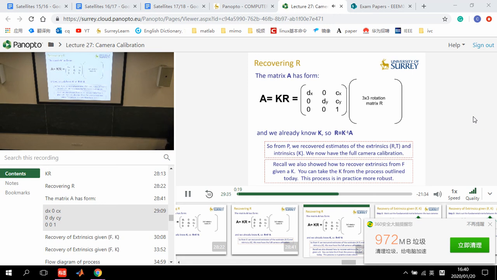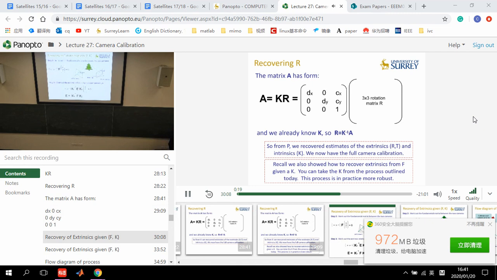So what you can do, and is preferred in practice, is use the process I've outlined today to estimate your K, your intrinsics, but then use the weak calibration process that I outlined previously, the 8-point algorithm with RANSAC, to estimate your F, which encodes the intrinsics and the extrinsics, and then factor out the intrinsics from F in order to get your E, your essential matrix that encodes the extrinsics. Okay, so I'll just go through that process.